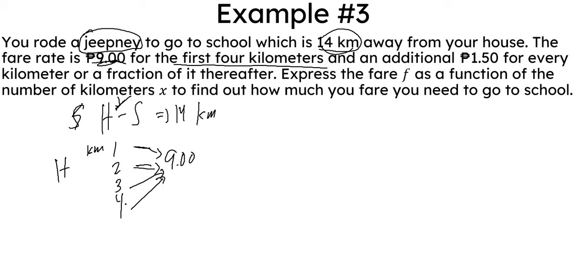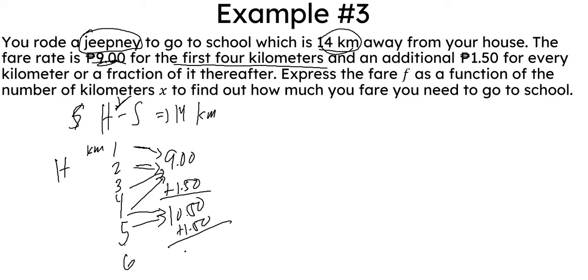However, after kilometer 4, once it becomes 4 point something and kilometer 5 as well, there is now an additional 1.50, which is actually 10.50. So I can assign 5 there, and even the fractions between 4 and 5. And if I want 6 and the fractions in between 5 and 6, that will be plus another 1.50, and that will become 12 pesos already.